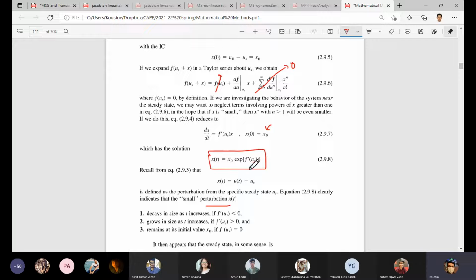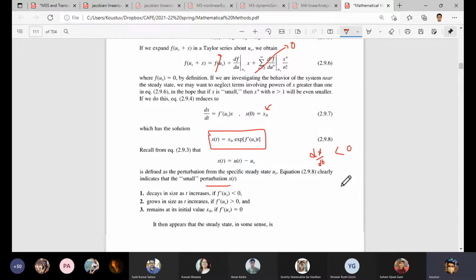That means dx/dt is negative, so we can conclude that as time increases, x decreases. That means it will fall back. The deviations, the differences will come down and close to 0.